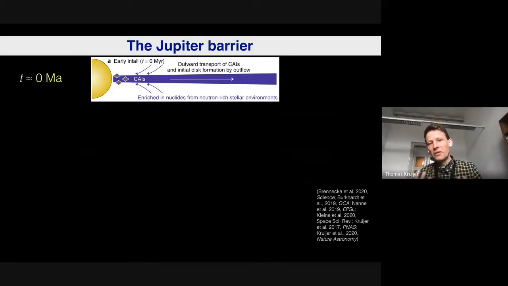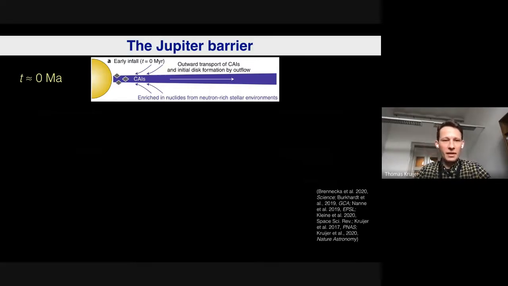But at some point, you need to change the composition of the disk by adding material with a different composition in order to create these heterogeneities within the protoplanetary disk. And by the way, this is a 2D cross-section of the disk with the sun here to the left and the disk to the right.